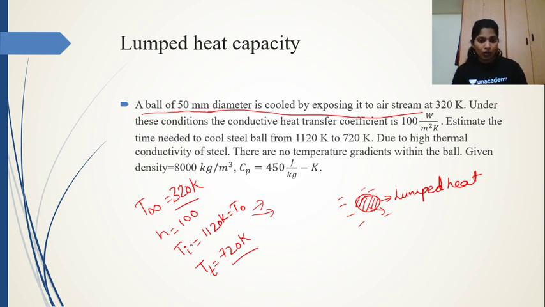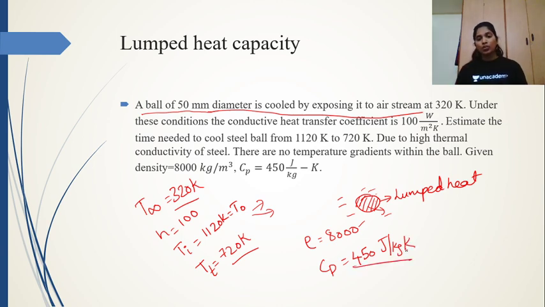So here I have been given all three temperatures, and the heat transfer coefficient, and density is also given. So density is 8000 and heat capacity is 450 joules per kg Kelvin, right? So we already have the data about these things.